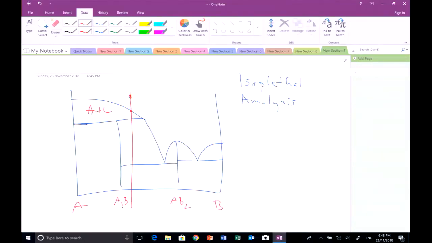It becomes deficient in A, which means the composition of the liquid is moving away from A toward B, isn't it? And I know exactly how that's going because the phase diagram tells me it moves along the liquidus surface. So that's the liquid composition.